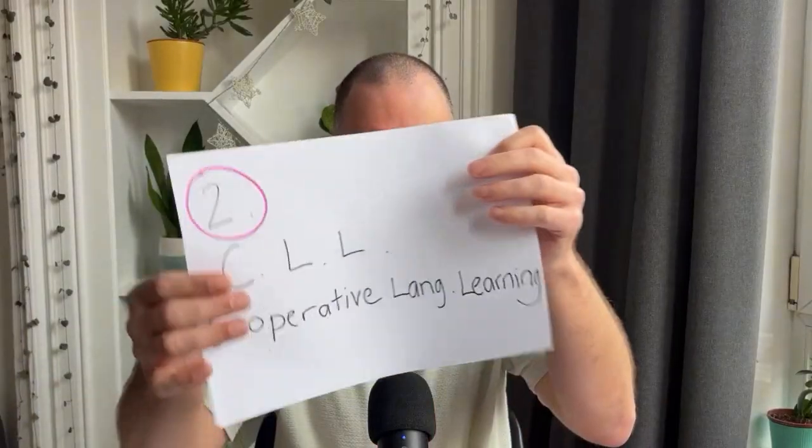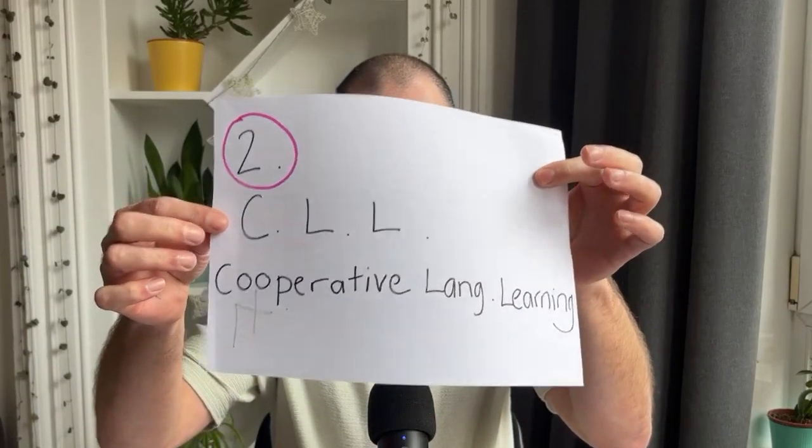So, like everything that you just said, I totally agree with, and I put that as my number two because everything that you said about it, I totally agree with. I love as well how it's about using English as a shared resource to cooperate, to get something done, to communicate, to share meaning.